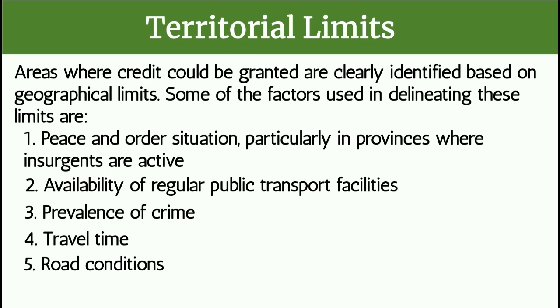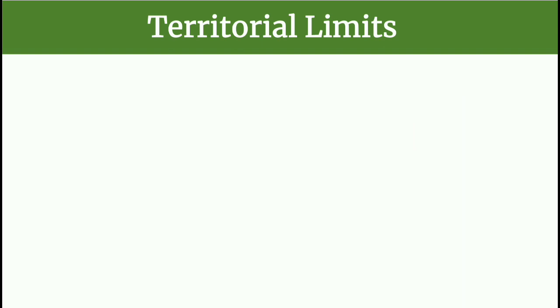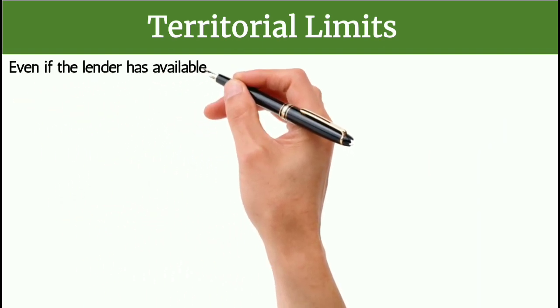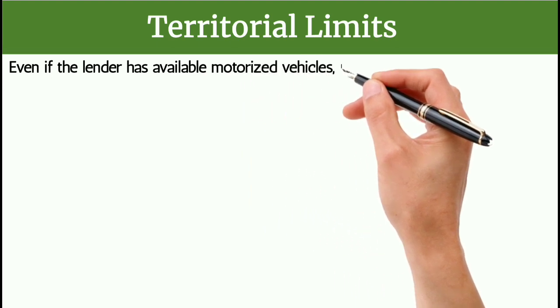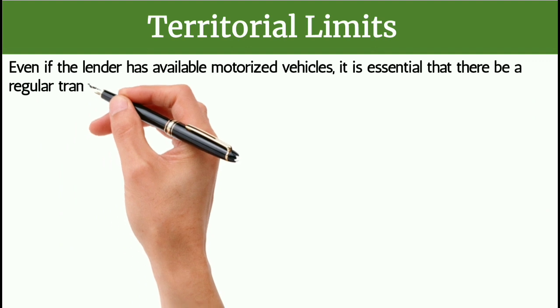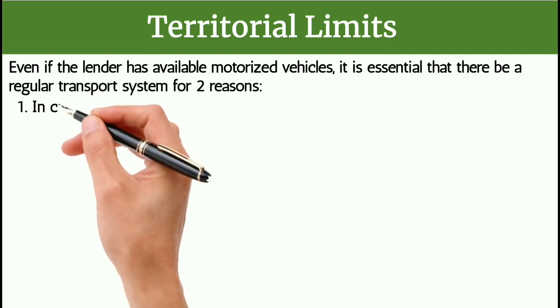Some of the items that require some explanation are numbers 2 and 5. In number 2, there should be regular public transport. Even if the lender has available motorized vehicles, it is essential that there be a regular transport system for two reasons.